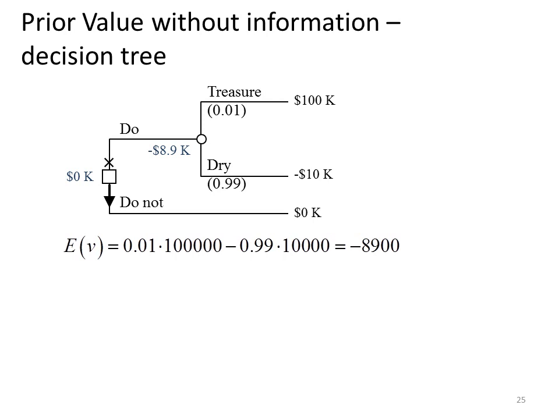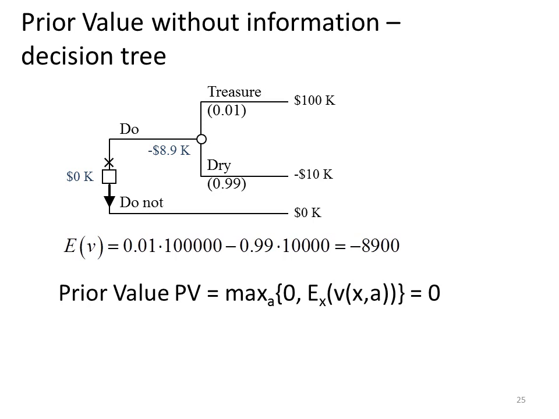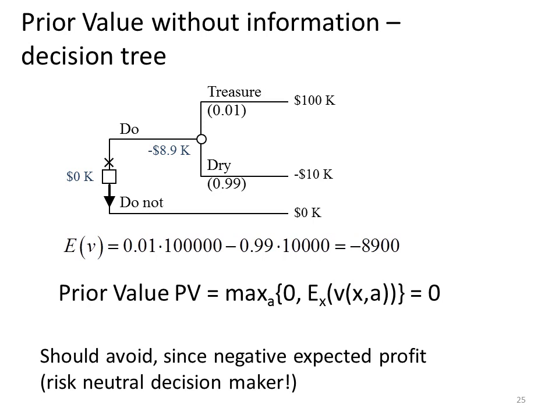Not very likely, most pirates are probably risk seeking, but here suppose that the pirate is risk neutral. We take the expected value, and then the prior value is the maximum of 0 and that expected value. In this case the prior value is just 0. So the pirate should avoid it because of negative expected profit, for a risk neutral pirate.